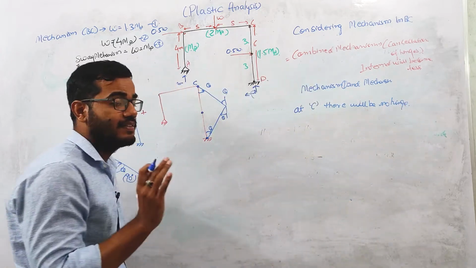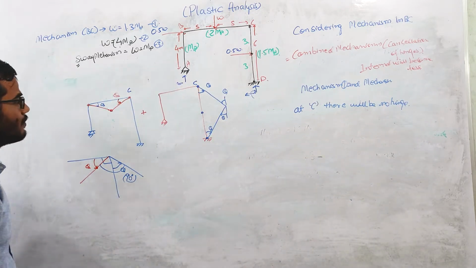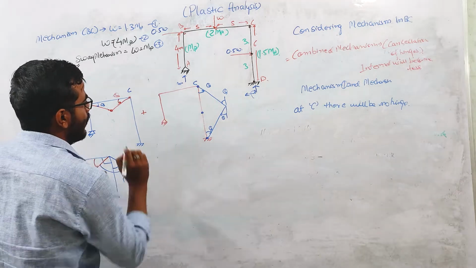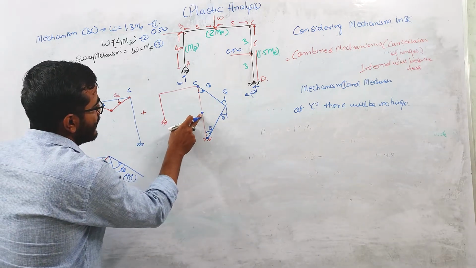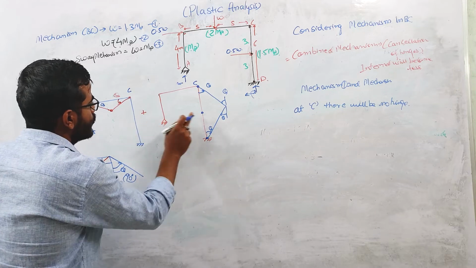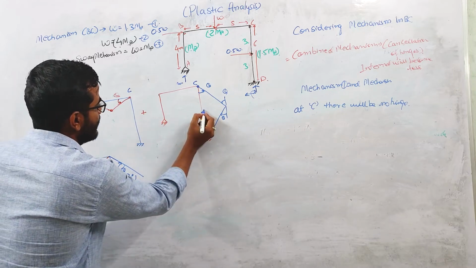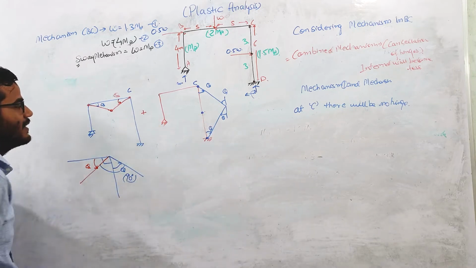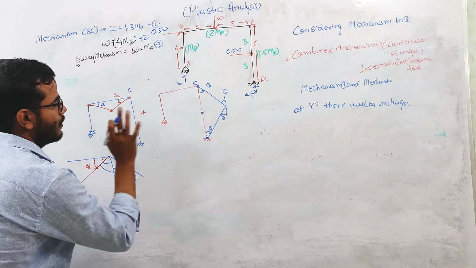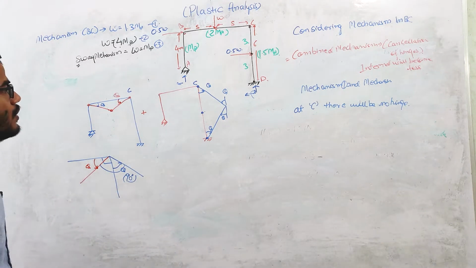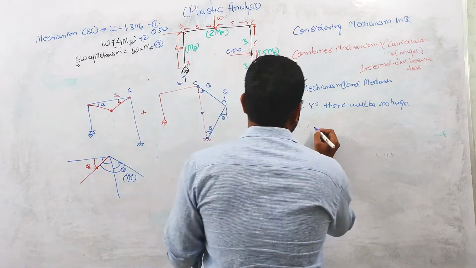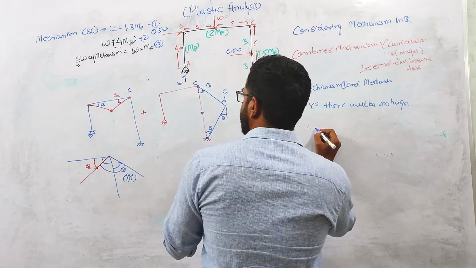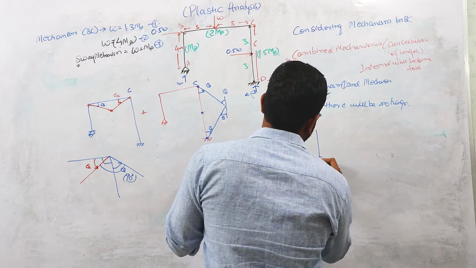You need to understand this thing very carefully. Okay, and at this point also a hinge will form. Okay, because at this point there is no hinge, and at this point there is a hinge. So if we consider these 2 points, then the hinge will be there. A similar case goes for here also. Okay, so now our deflection during the collapse, if you combine these two diagrams, will look like this.